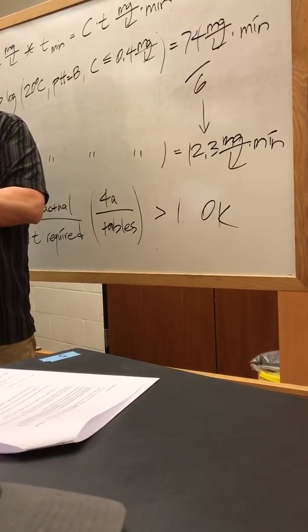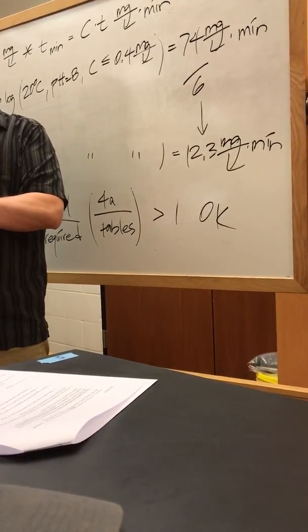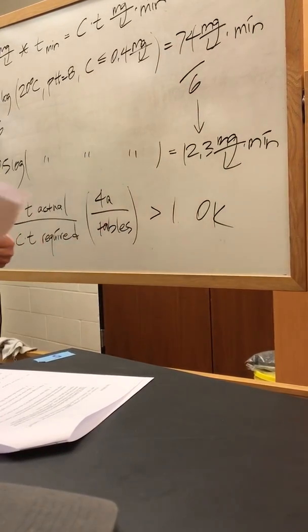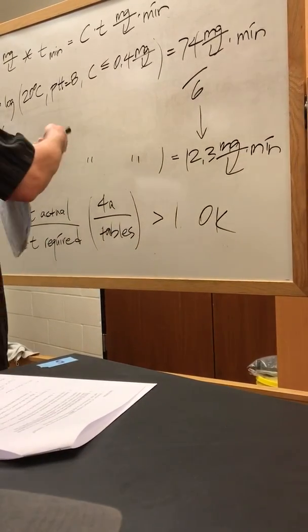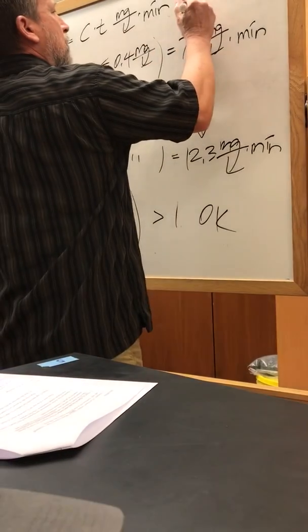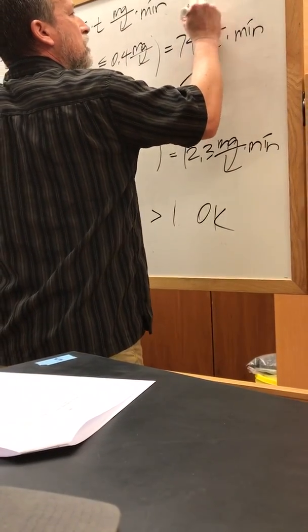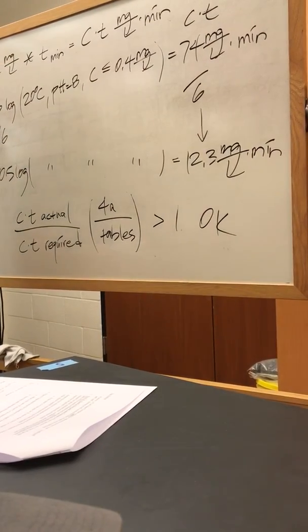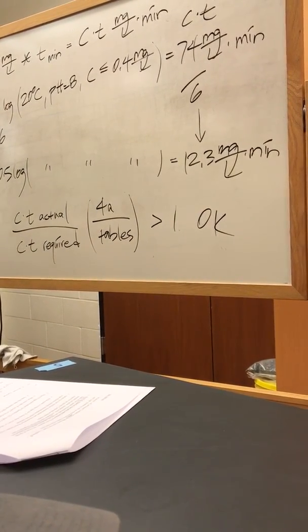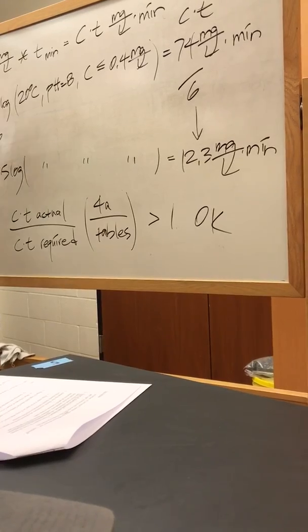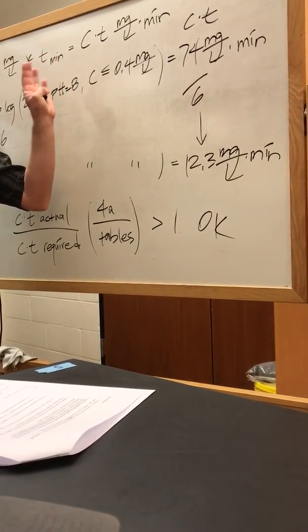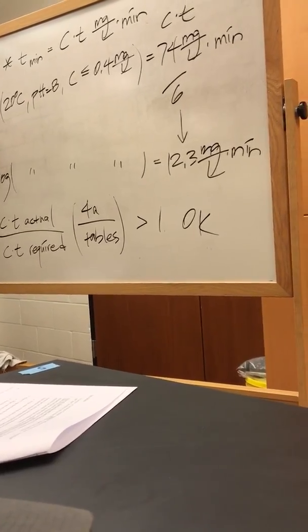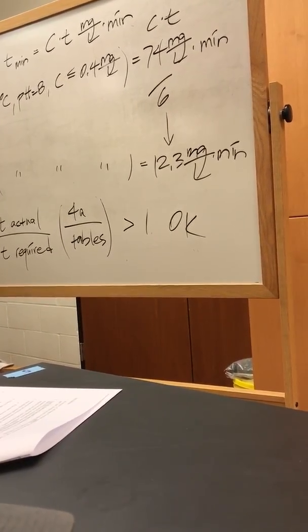So what you read is 74. Does everybody see that? So it is the CT. That is your CT. It's not C, it's not T, it's CT. This is C. So you don't need time here. You can solve for time. You need 3 log removal because you're talking about Giardia.